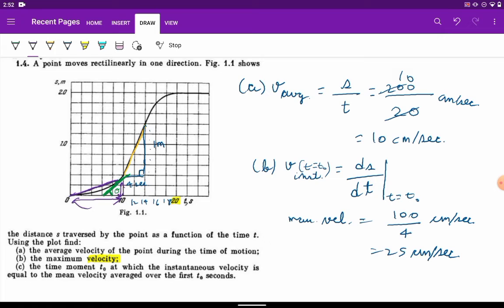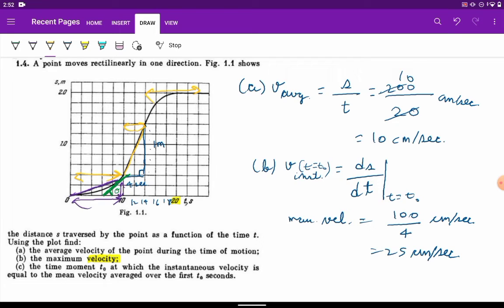Let's divide the curve into three parts. The first part is the non-linear part of the curve, and then the linear part. Then maybe this part, till 20.